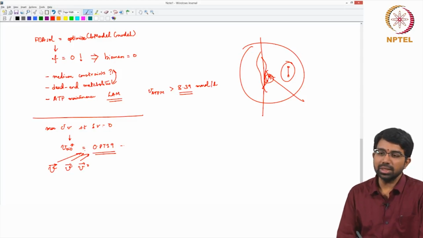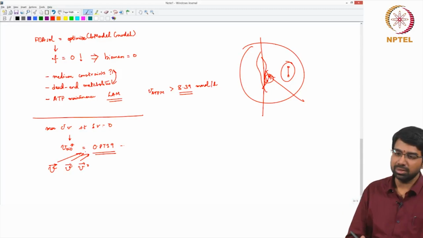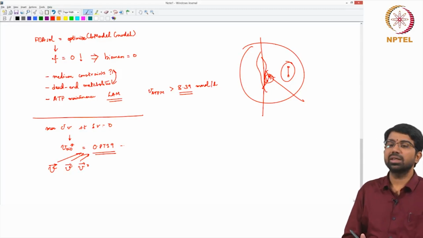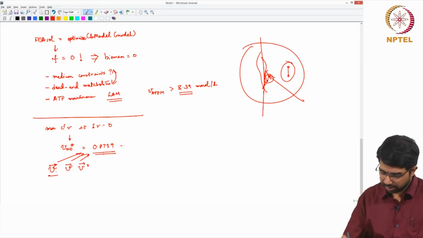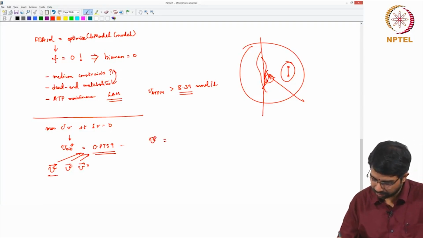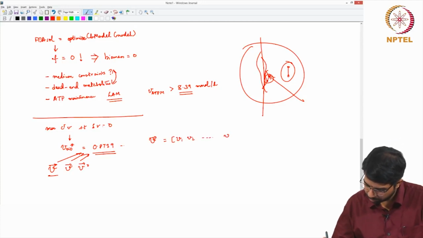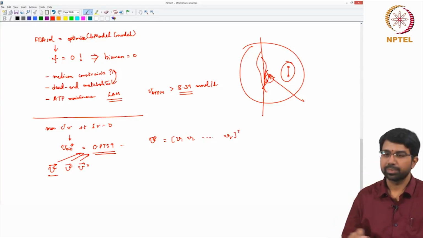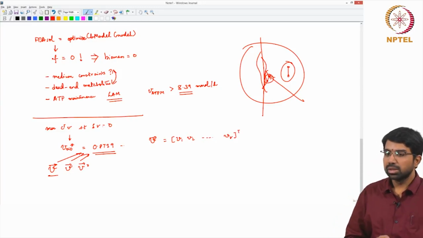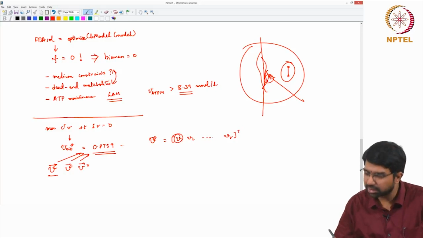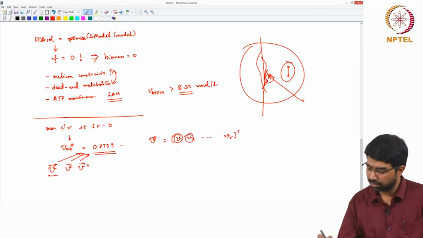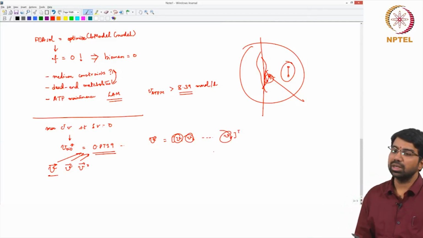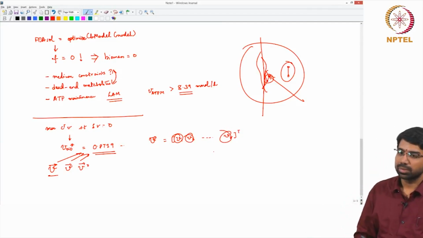So this being the case, it is very interesting to understand how much variation it can admit. This V is going to be a vector, so what is the leeway that V1 has for variation, what is the leeway that V2 has for variation, what is the leeway that VR has for variation.